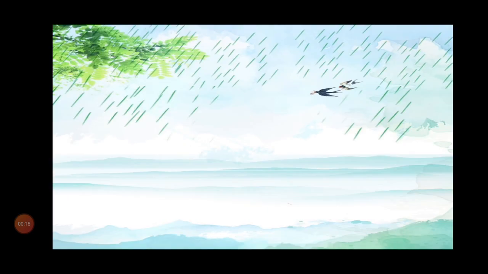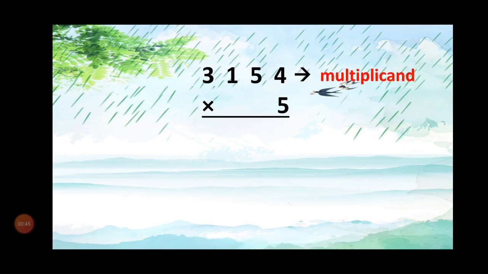Now, one of the examples is given for you: 3154 into 5. We are going to multiply the values. So now the first number, 3154, that number that is multiplied, has the name multiplicand.